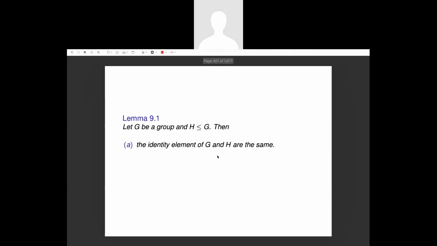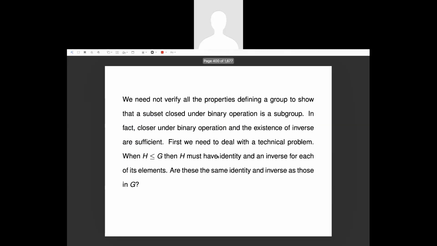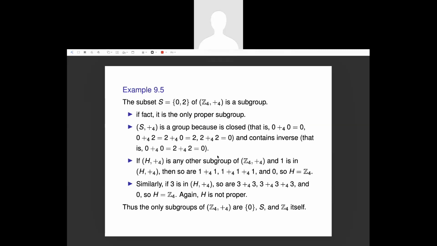Now we have to check each and every step one by one for showing that any subset of a group G is a subgroup.